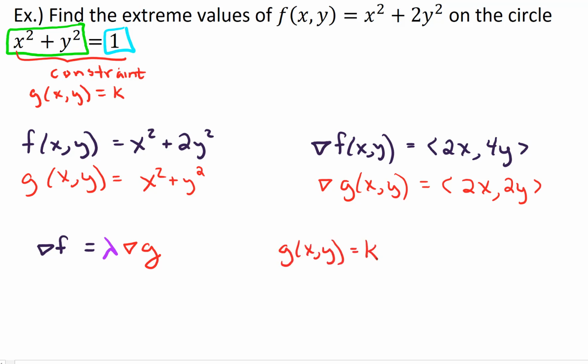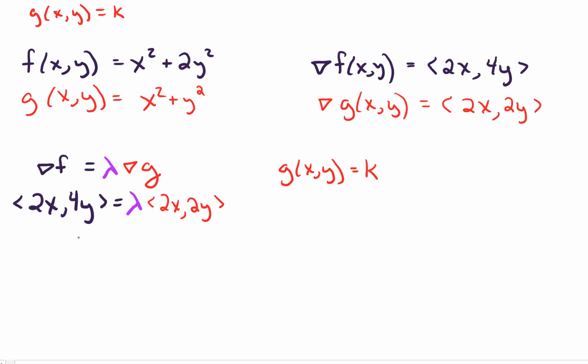Okay, so on the left-hand side, we've got the gradient of f, which is the vector 2x, 4y, and that's supposed to equal lambda times the gradient of g being 2x comma 2y. We will need to solve that equation for x and y. Over here we've got our constraint. We must satisfy that x squared plus y squared equals 1.